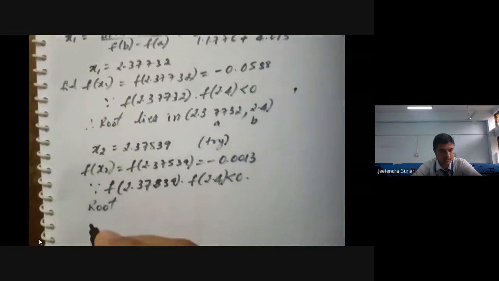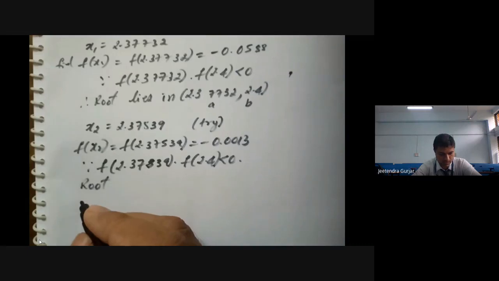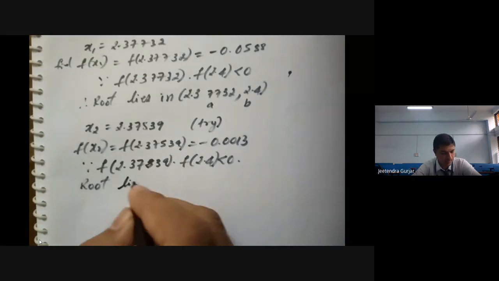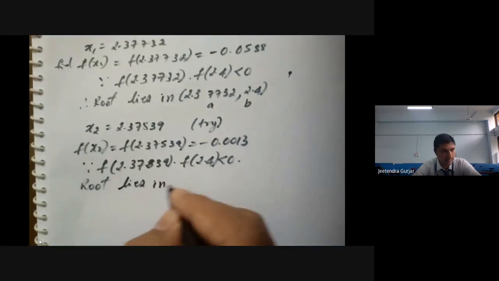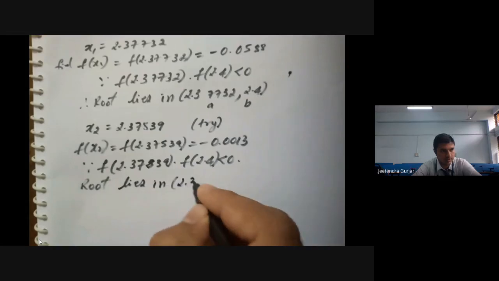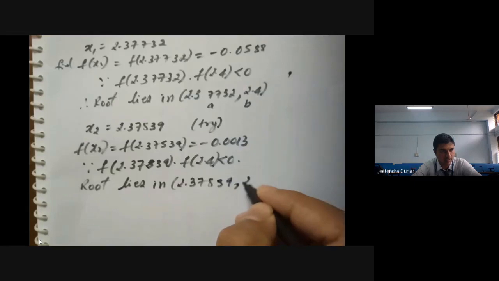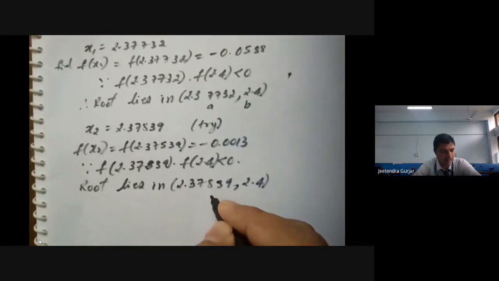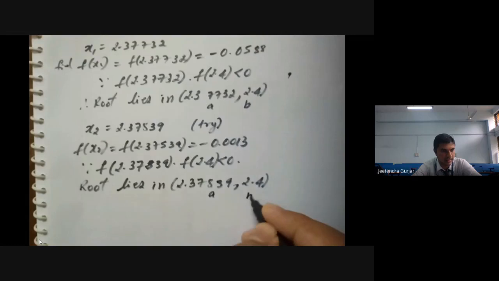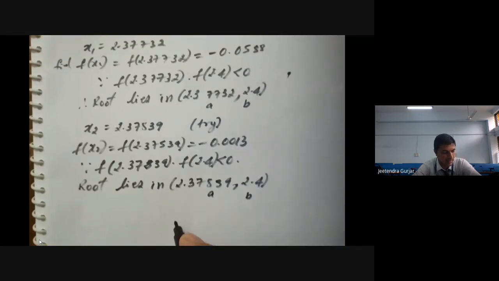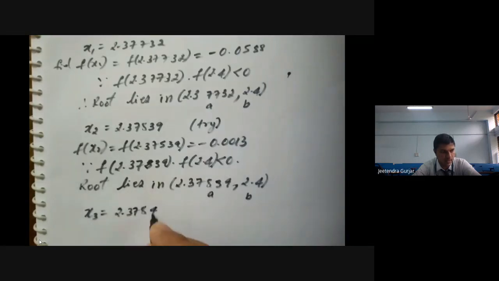Then we say root lies in 2.37732, comma 2.4. I think till here everyone has understood. Now we take this as A and B. So when you find the next value x3, you may get the value as 2.37841.